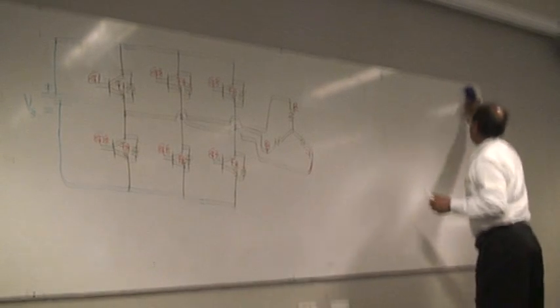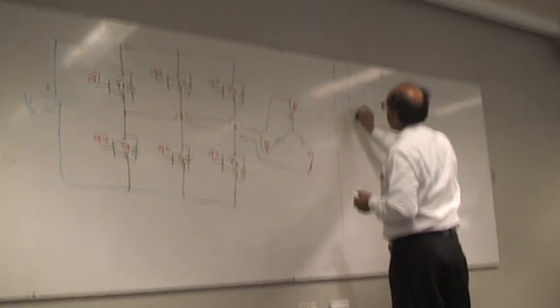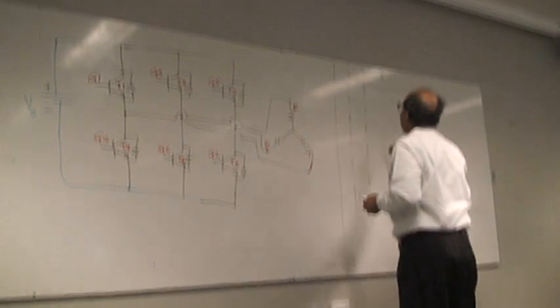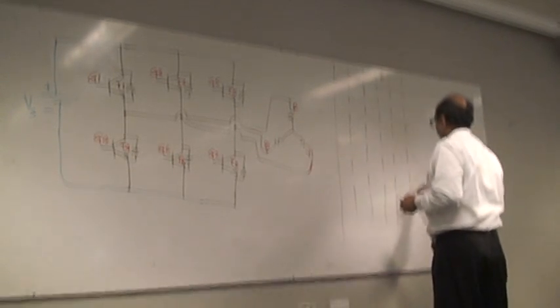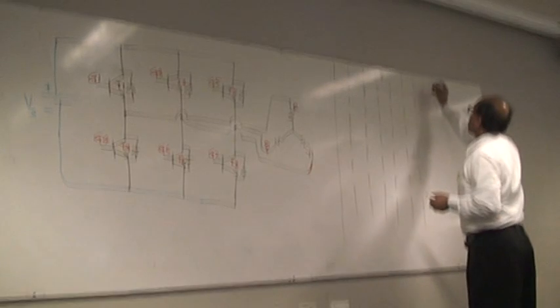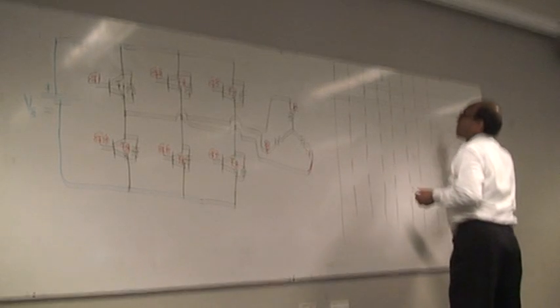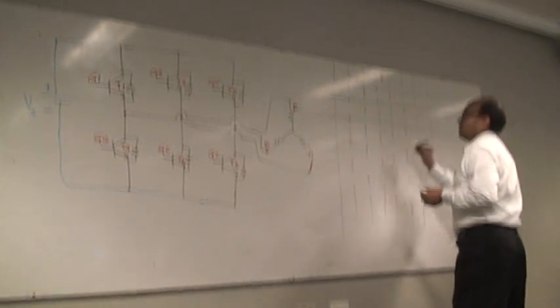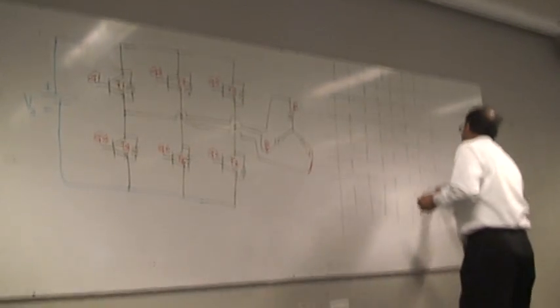So how do you actually see your sequence? Let us say 1, 2, 3, 4, 5, 6.